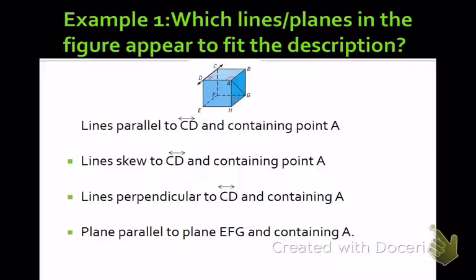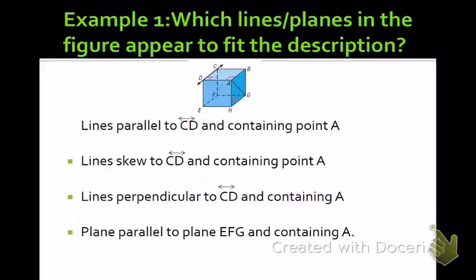So let's use this cube to help tell the difference in some of the definitions we just saw. We want to find a line parallel to line CD that contains point A. First of all, the lines in this diagram that are parallel to CD are in the same plane.